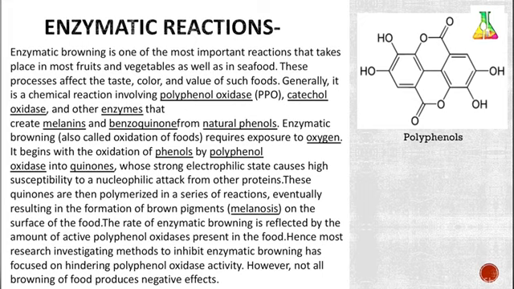Many fruits and vegetables have a tendency to turn brown when damaged or when cut surfaces are exposed to air, as we have all seen in apple, banana, and potatoes. This is due to an enzymatic reaction. The formation of brown color is due to the action of an enzyme known as phenolase.